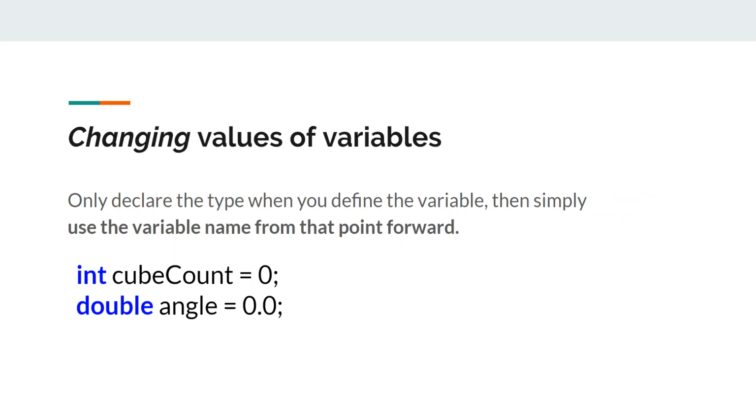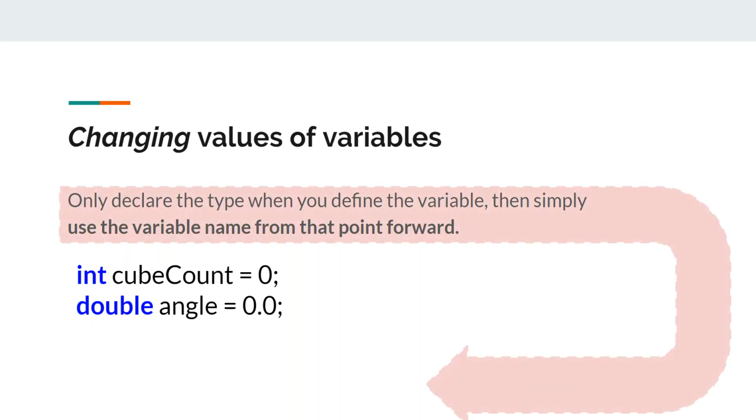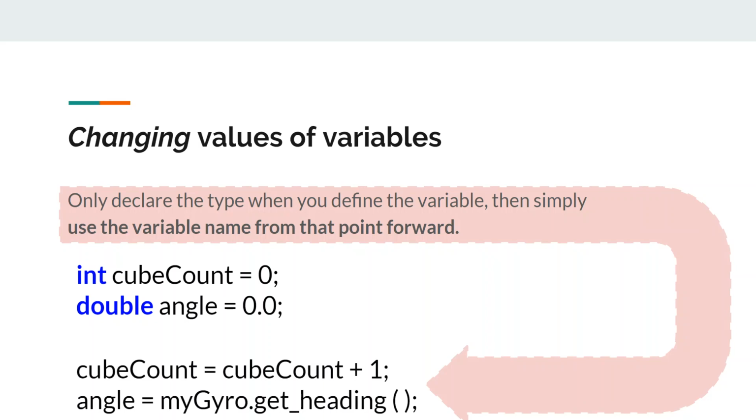Now, what if I wanted to change the values? You only have to declare the type when you define it. But when you actually use it, that means we go cubeCount is cubeCount plus 1, which means we're adding 1 to the count. And then for angle, we just say angle is myGyro.getHeading.